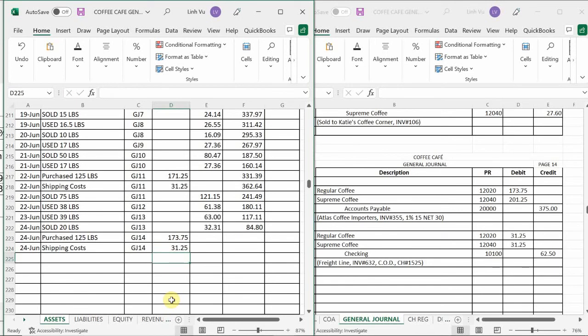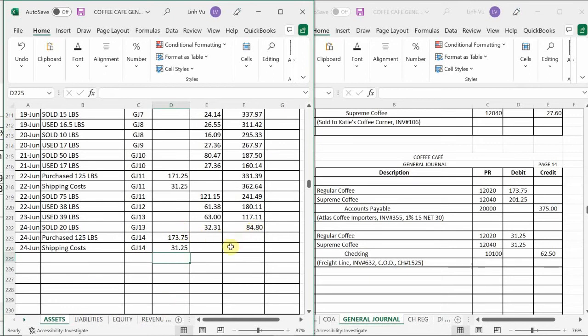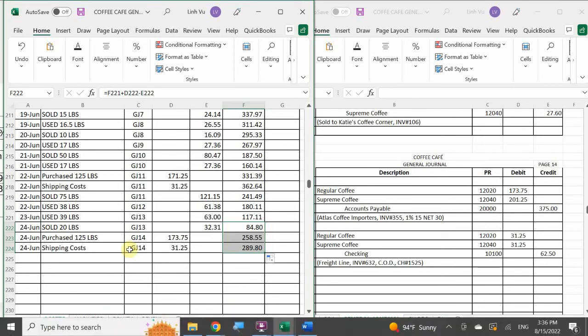It will add about $200 to the 84.80. Okay, and then we go to Supreme. So 289.80, and then Supreme.